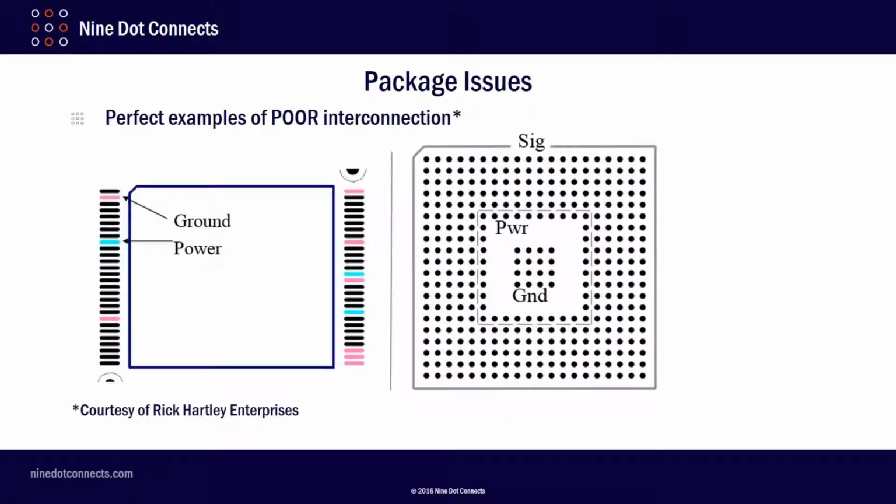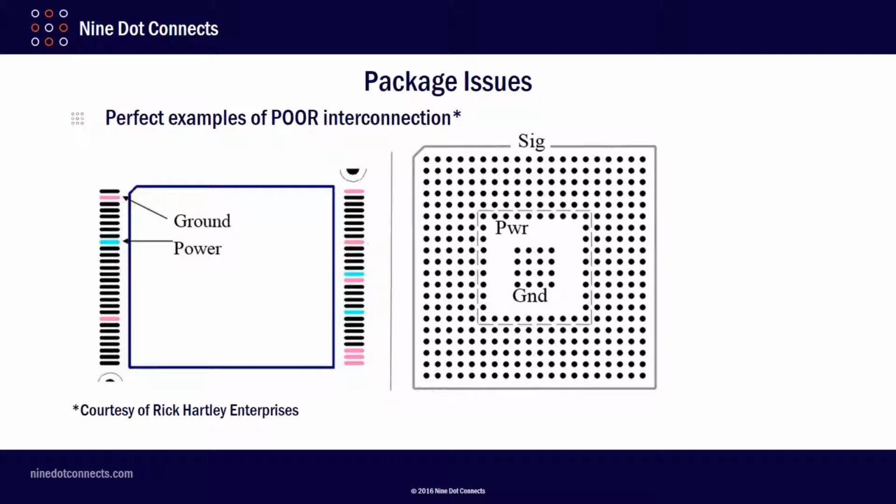Now, we can extend this to packaging for your ICs. Here are some poor examples of packaging that has actually been implemented by manufacturers. Now, let me mention a little bit of history. If you're as old as I am, you may remember that a lot of the 14 and 16 pin SOIC type packages would have power and ground on opposing corners of the IC package.